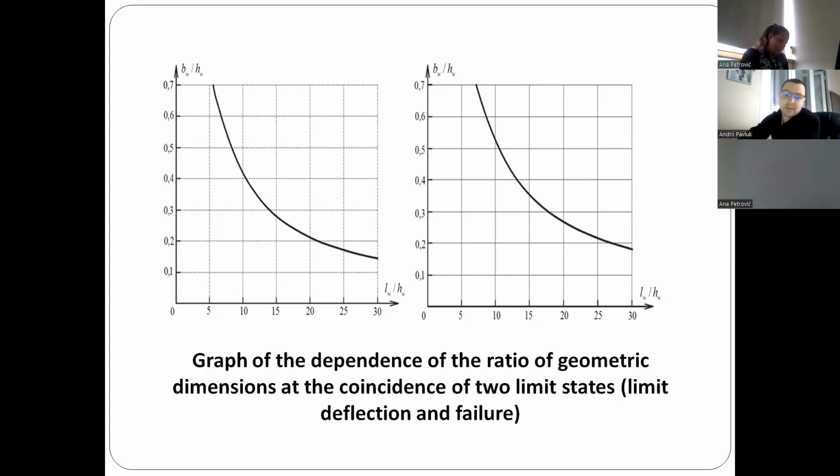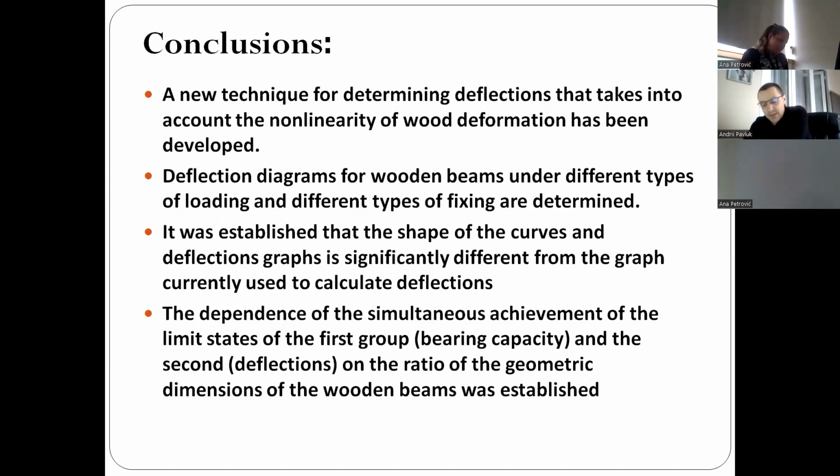And conclusion. A new technique for determining deflections that takes into account the non-linearity of wood deformation has been developed. Deflection diagrams for wooden beams under different types of load and different types of fixing were determined.